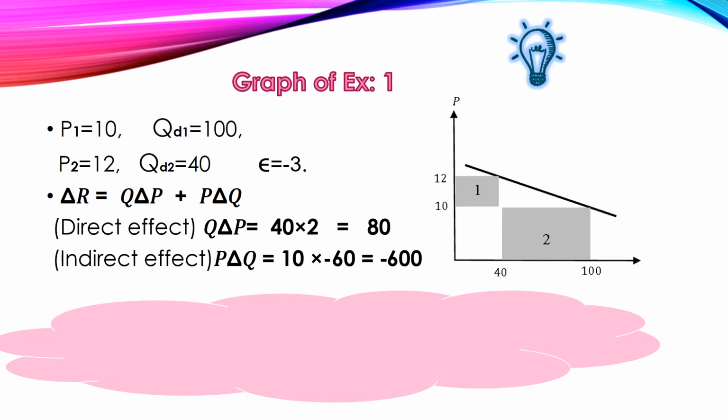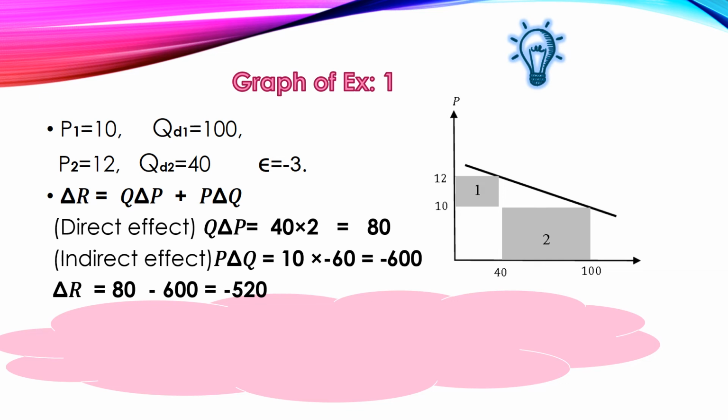Change in quantity, 40 minus 100 equals negative 60, multiplied by price, which equals 10. 10 multiplied by negative 60 equals negative 600. The overall effect of direct and indirect effects equals 80 minus 600 equals negative 520.